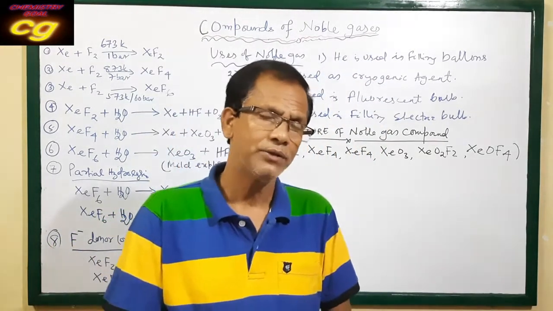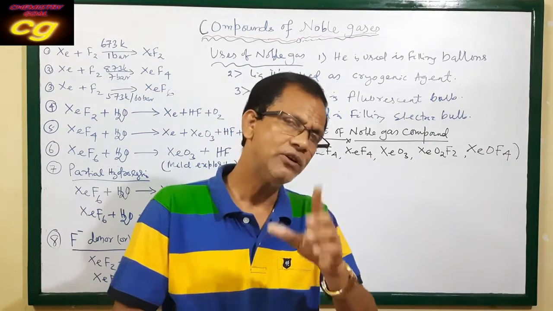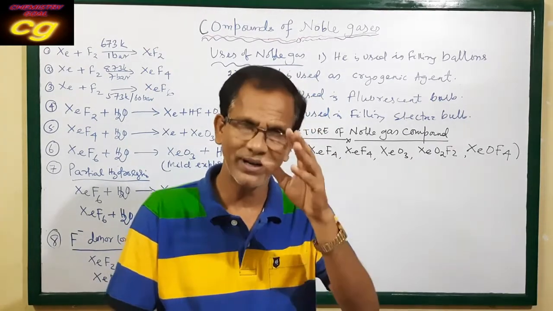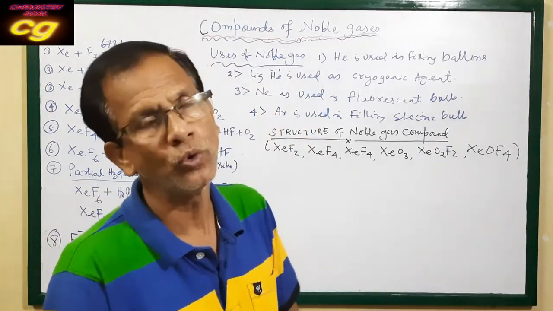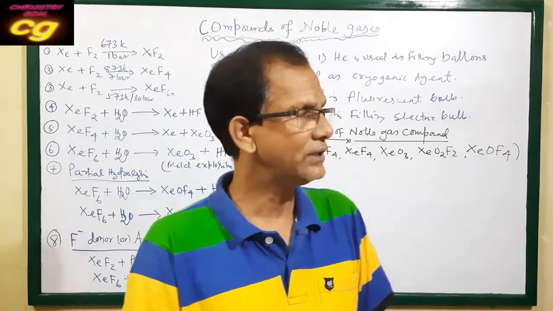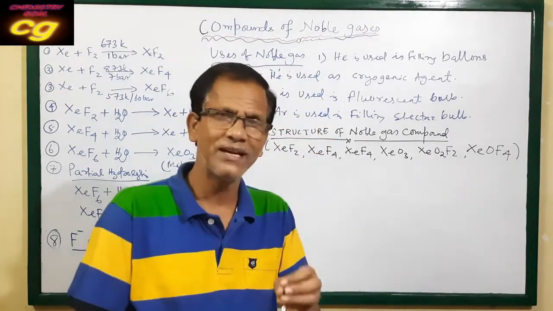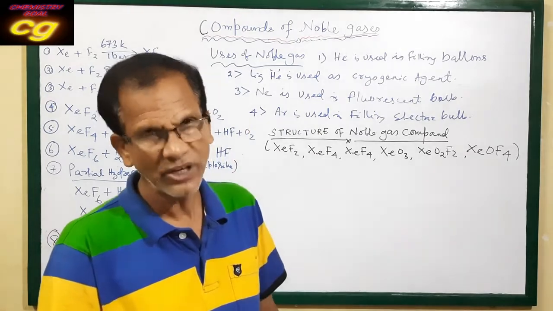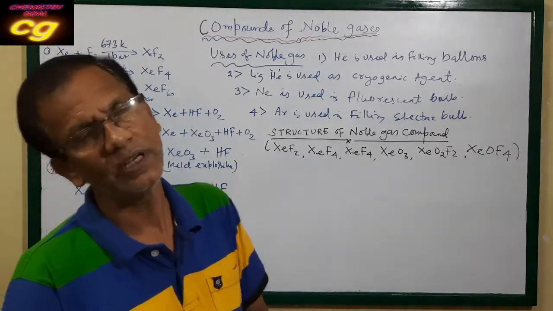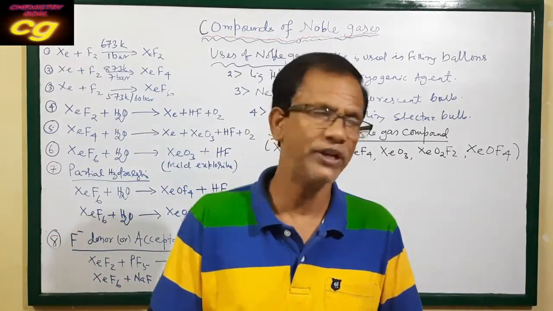Xenon is the more reactive noble gas due to its low ionization energy, so it produces only oxides and fluorides, because of the high electronegativity of oxygen and fluorine.